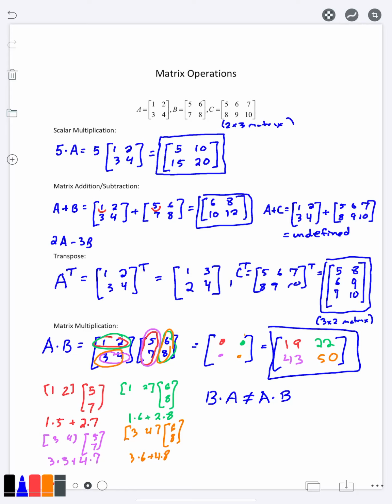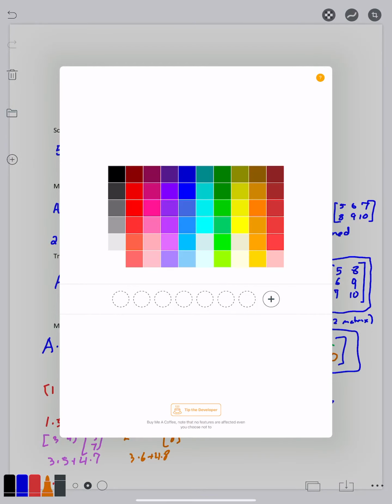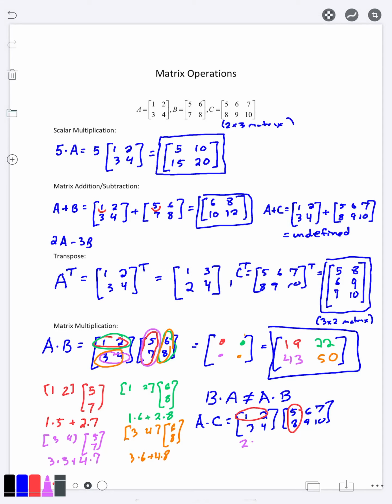Also, if you had something like A times C, and you think about doing rows and columns, that's actually going to be possible. And so it turns out that when you're looking at the size of the matrices, 2 by 2 and 2 by 3, as long as these middle two numbers are the same, you're going to be able to do this process.